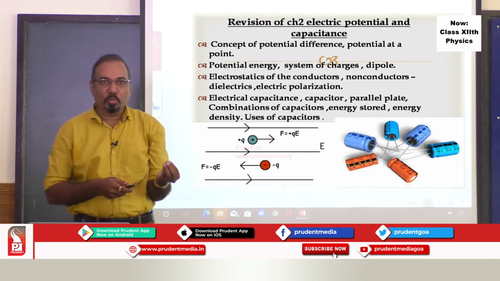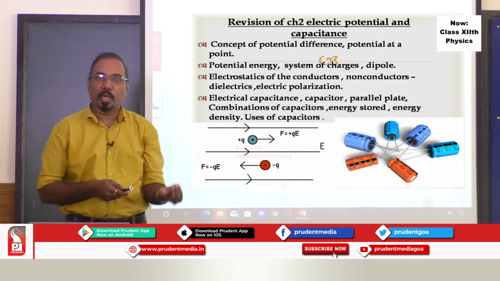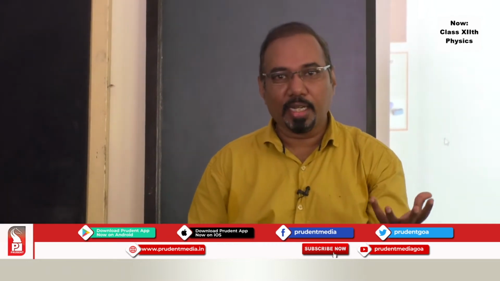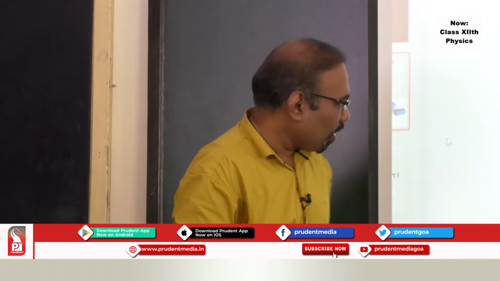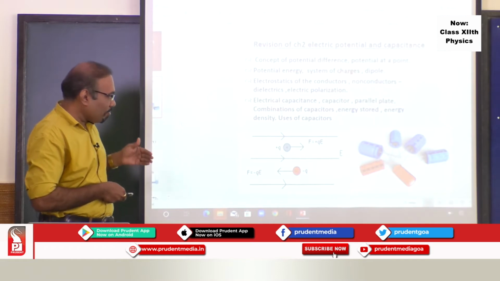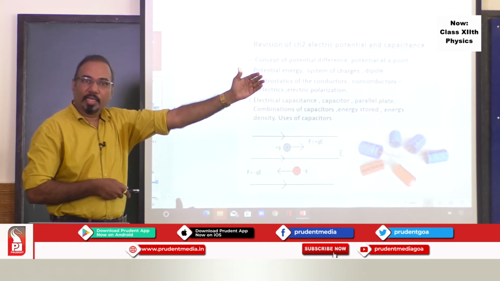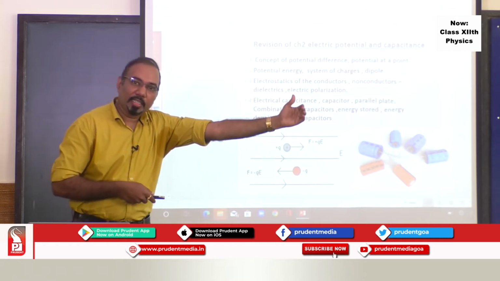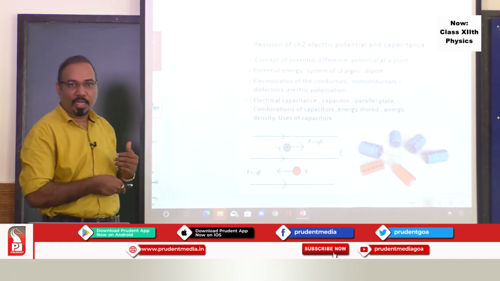But if you want to throw it against gravity, you have to do some work, and that work done is then stored as energy. It will rise to some height and then it will fall. Likewise, if I fire a minus q charge in the direction of the electric field, it will travel some distance, stop, and then again move against the direction of the electric field.